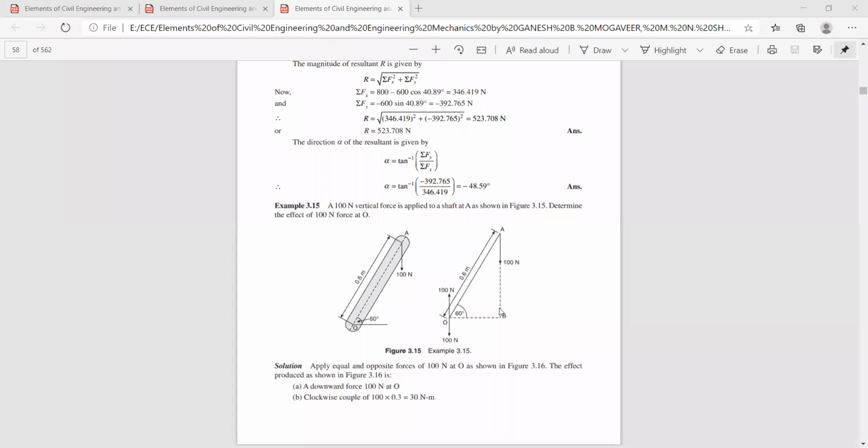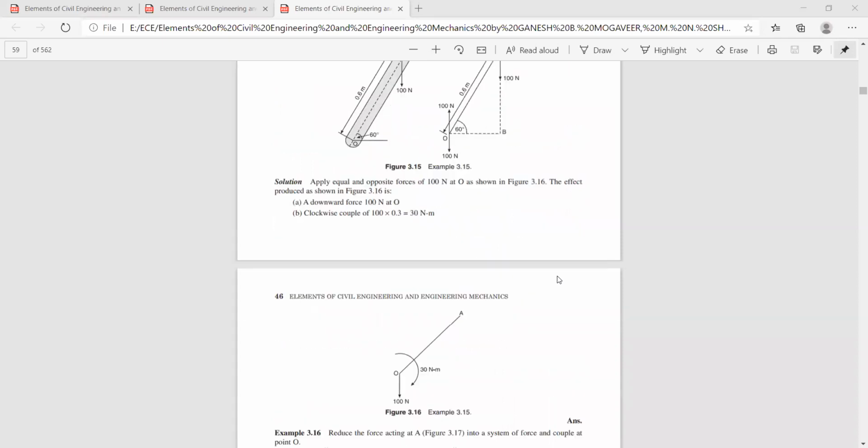So it produces the couple, because here it is 100 Newton. So it has been directed this way, and here in the opposite direction you need to take 100 Newton force, because we need to find the effect of this force about point O. So apply equal and opposite force of 100 Newton at O as shown in figure. The effect produced is as shown in figure 3.16.